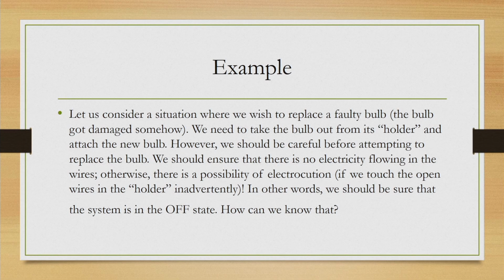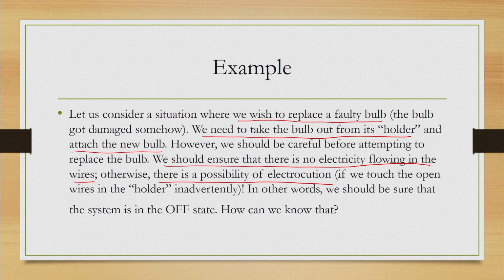Let us consider a situation. In this situation, we wish to replace a faulty bulb. Now, we need to take the bulb out from its holder and attach the new bulb. So, before doing that, we should ensure that there is no electricity flowing in the wires, otherwise there is a possibility of getting electrocuted.